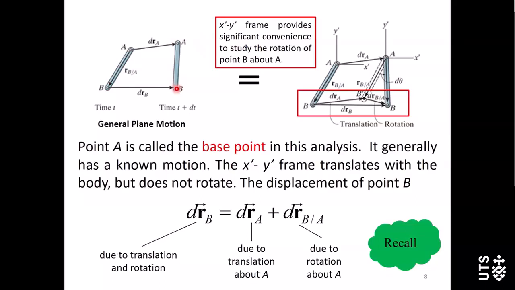We already know we can resolve this general plane motion into two motions. One is rectilinear translation from AB to AB prime. The second motion is rotation about point A. Fix point A, rotate from AB prime to AB.